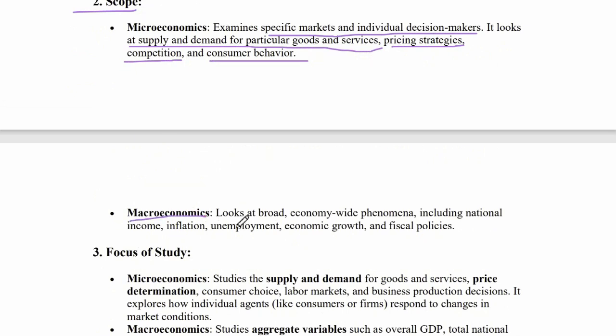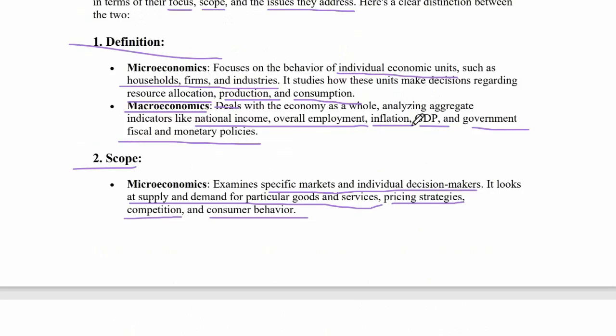Whereas macroeconomics looks at broad economy-wide phenomena, including national income, inflation, unemployment, economic growth, fiscal policy. It's repeated again, almost like the above one. That's the scope, where it is applicable. It deals with whole aggregate units, indicators like national income, unemployment, inflation, GDP, government fiscal and monetary policies.